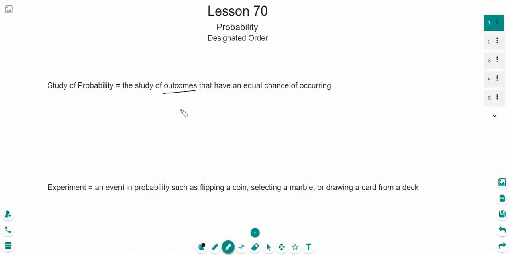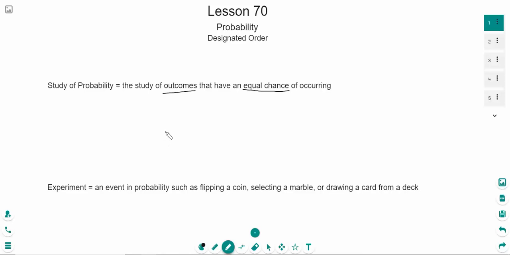So the results would be a good way to say it. So if I have, let's say, a coin and I'm flipping it in the air, the outcome might be that it is heads when I flip it, or it might be tails. All right. So the outcome is the result of whatever it is that we're doing. All right. So probability is the study of those results, so long as those results have an equal chance of occurring. Those are the ones that we're interested in.